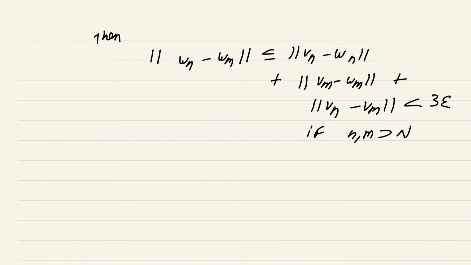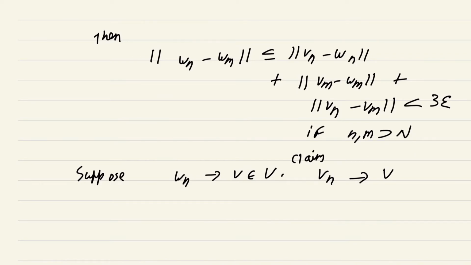So suppose Wn converges to V in V. By hypothesis, there will be an element in V that is the limit of Wn. Now the claim is that Vn also converges to V. This is the claim. Okay.